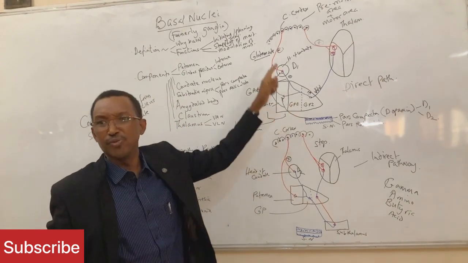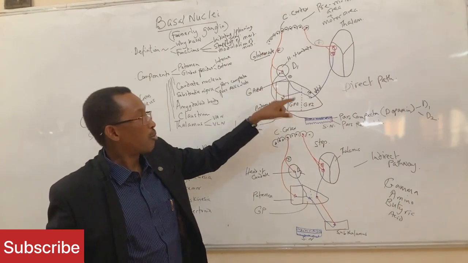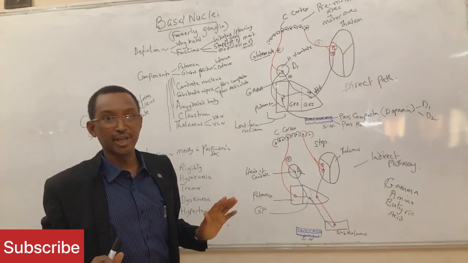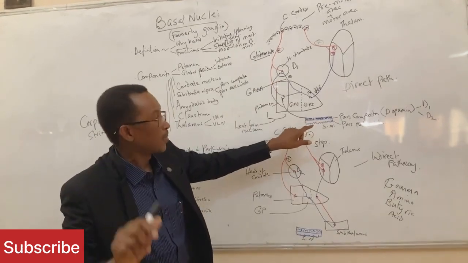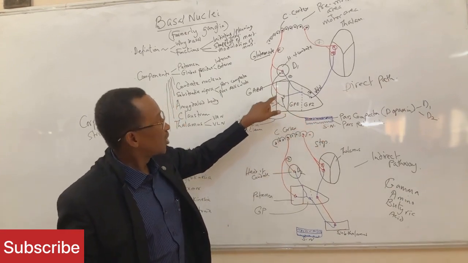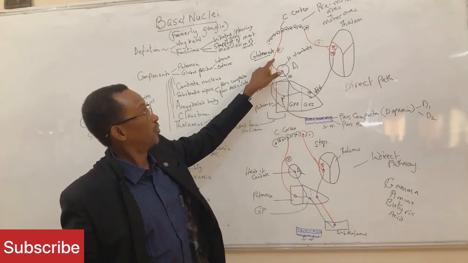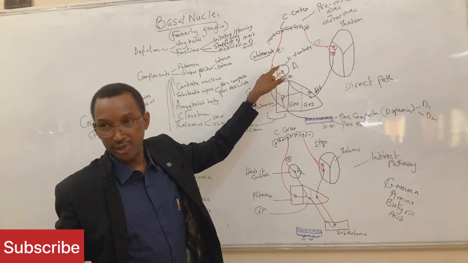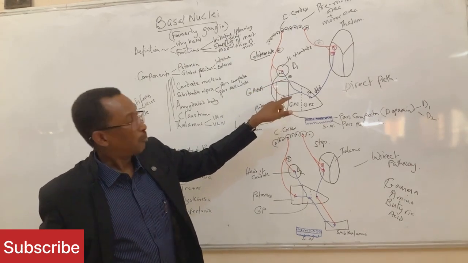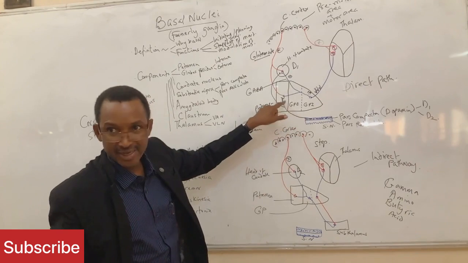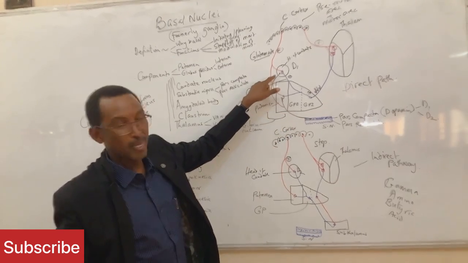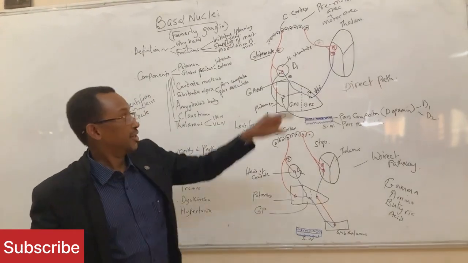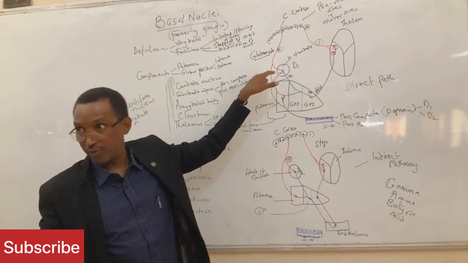Is it the same as before the joining of this pars compacta, or the same as after joining? I don't know that you understand the point. Before this pars compacta joins in this synapse here, as I told you, the fibers coming from the cerebral cortex are excitatory to the second order neuron. But now, another neuron from the pars compacta that releases dopamine also adds to the excitation of the glutamatergic fibers coming from the direct pathway.